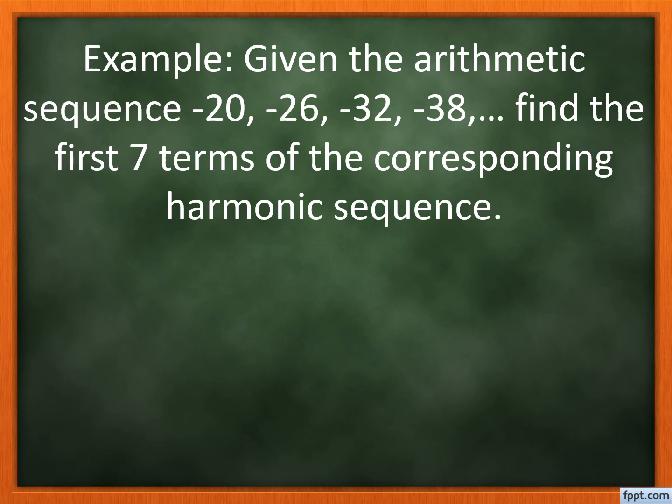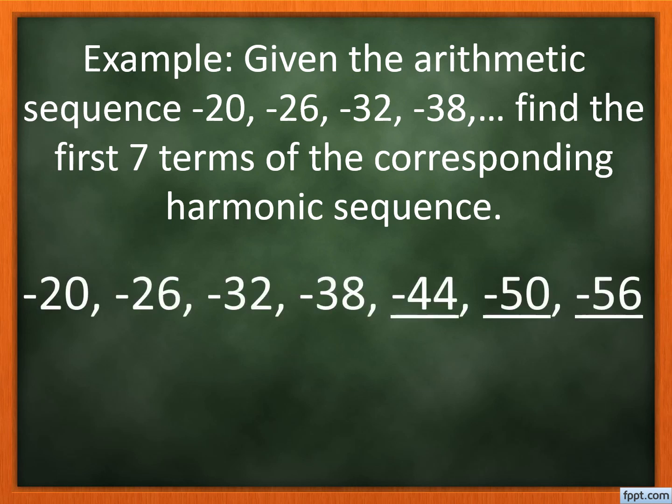For example, given the arithmetic sequence negative 20, negative 26, negative 32, negative 38, find the first 7 terms of the corresponding harmonic sequence. Since the common difference of this arithmetic sequence is negative 6, to complete the 7 terms we have negative 44, negative 50, negative 56.